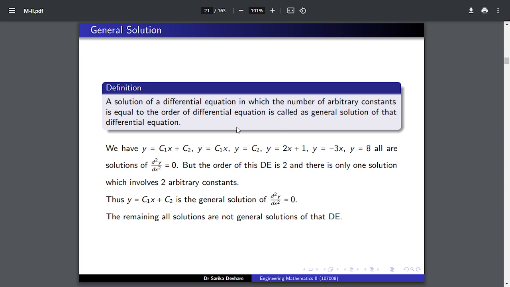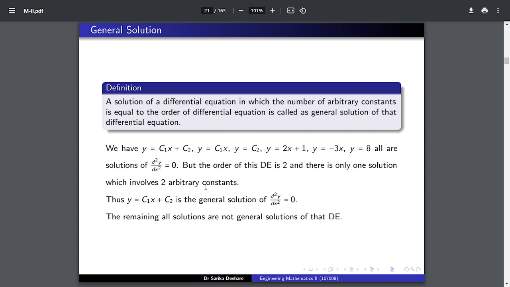If the order is 3, then its general solution contains 3 arbitrary constants. So the general solution contains a number of arbitrary constants equal to the order of the differential equation.